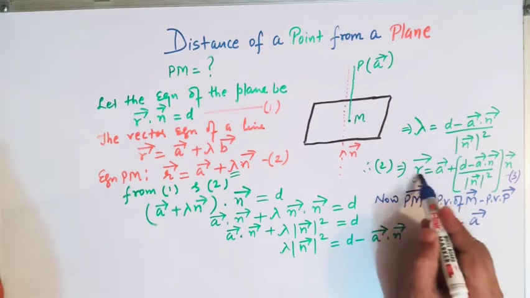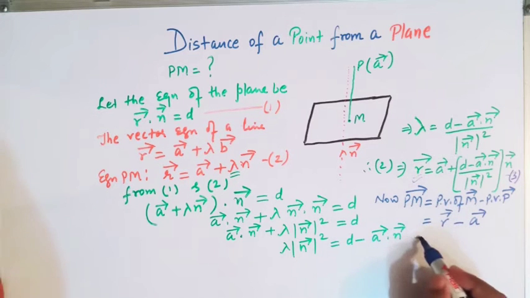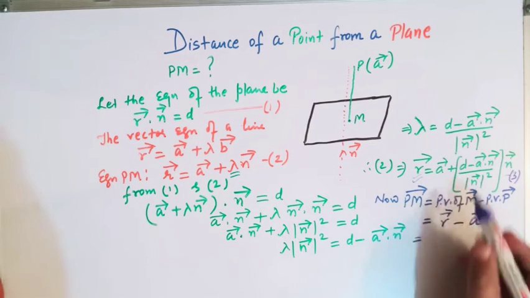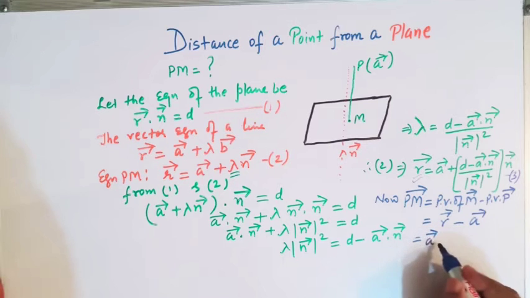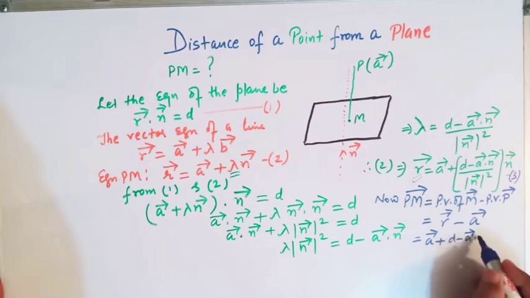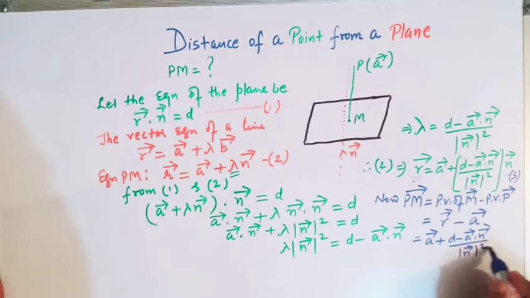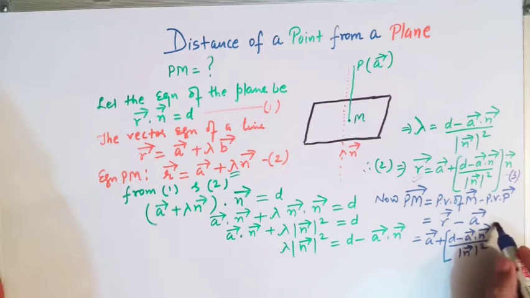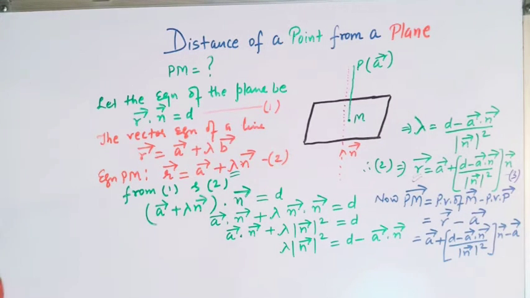Now from here, if we substitute this value of vector r, we have vector A plus d minus vector A dot vector n divided by the square of the magnitude of vector n, times vector n, minus vector A. Now see, this vector A and this vector A get cancelled.